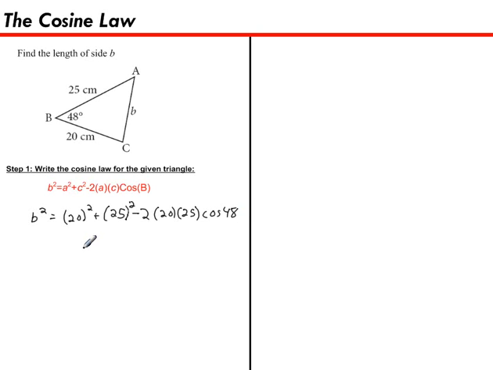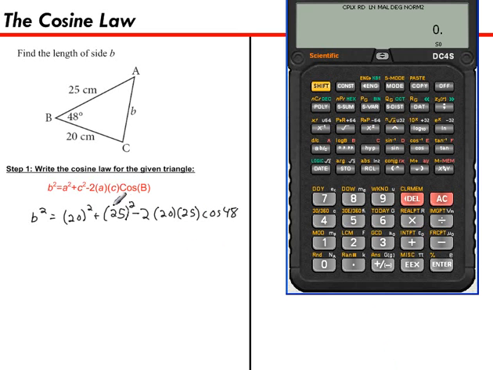The next step will require using our calculator. Most calculators will let you plug this in directly as you see it right here. So let's experiment. I'm going to try my calculator, and I'll add exactly what I see right here. 20 squared plus 25 squared minus 2 times 20 times 25 times the cos of my angle, 48.